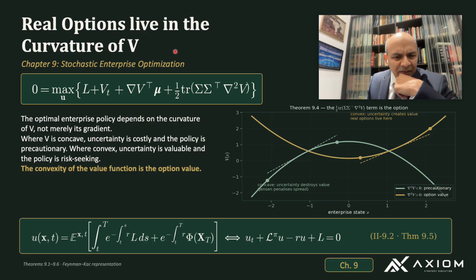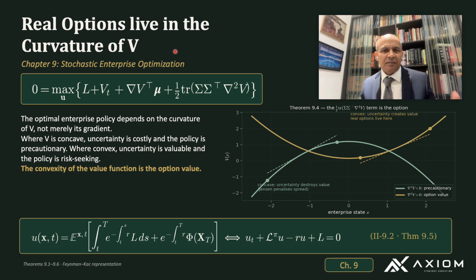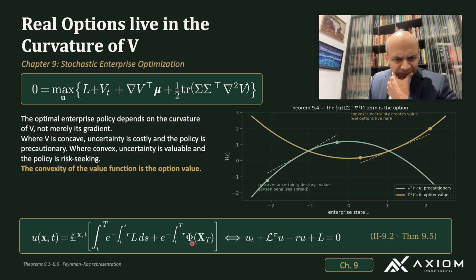X sub s is the stochastic enterprise state at future time s. Big T is the terminal condition. L is the instantaneous enterprise payoff or value flow under policy pi. r is the discount rate, and you can see the discount factor over here. And phi of x(T) is the terminal enterprise value at horizon capital T.